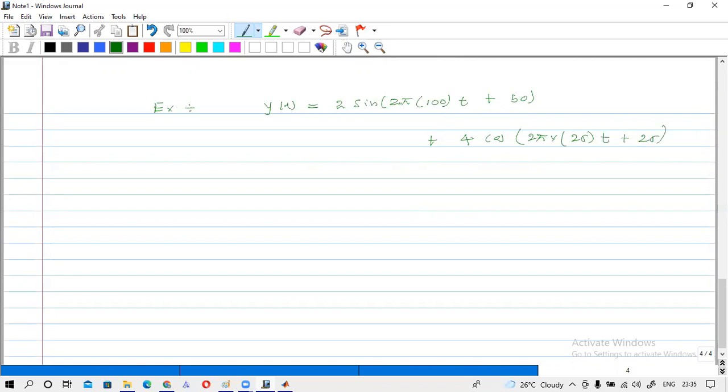So this is our composite signal. You can see that this is a sine signal, let's say it is x1, and this is a cos signal, let's say it is x2.